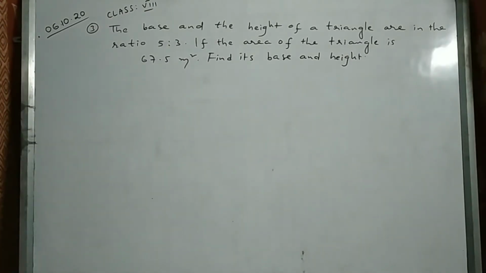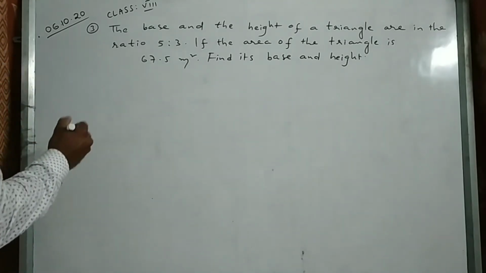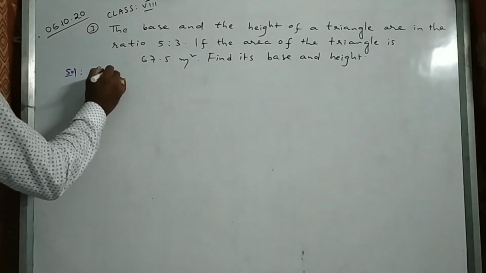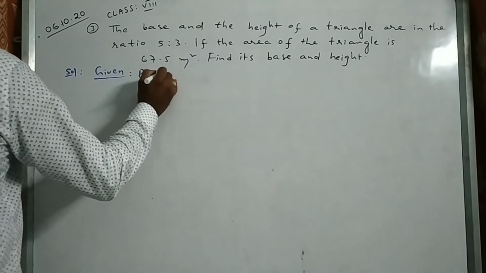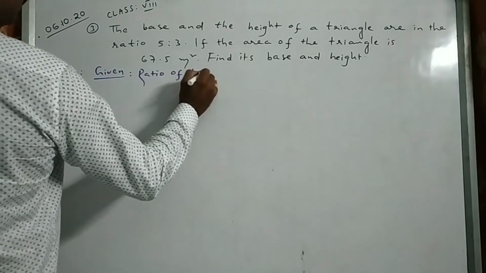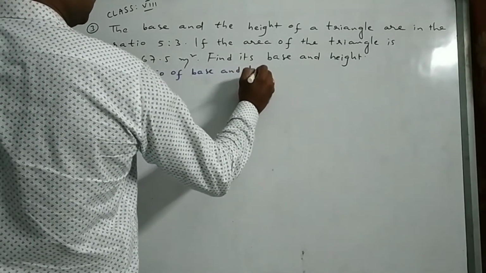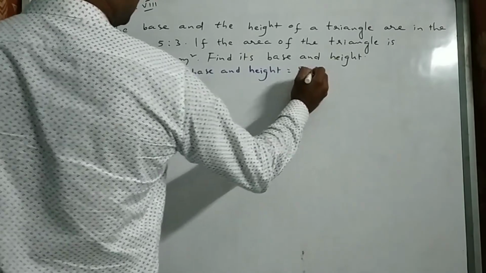I will do it. See, the base and height of a triangle are in the ratio given. Ratio of base and height 5:3.